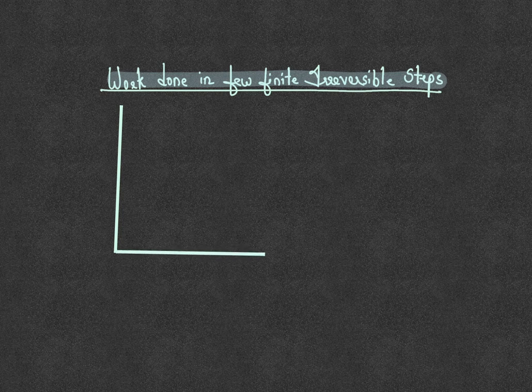Right. This is again a pressure volume graph, and you must know that the area under a pressure volume graph can be used to calculate work done. Now, let us have Vi here, and this is Vf.